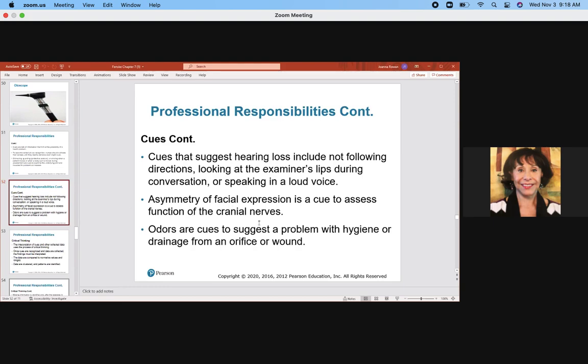Asymmetry means the features are not equal. Asymmetry of facial expression is a cue to assess function of the cranial nerves.